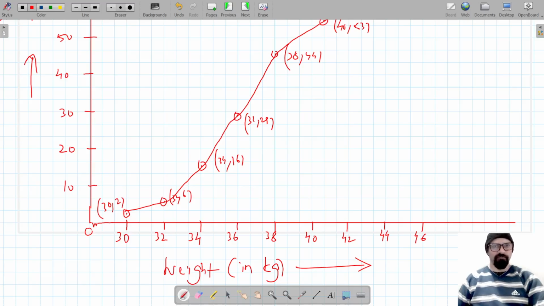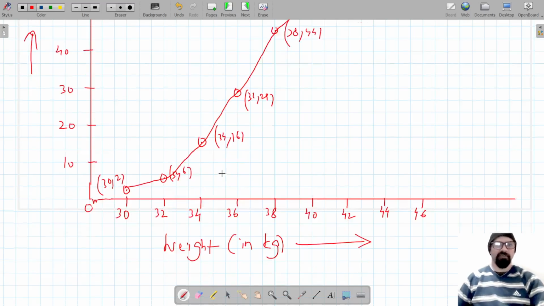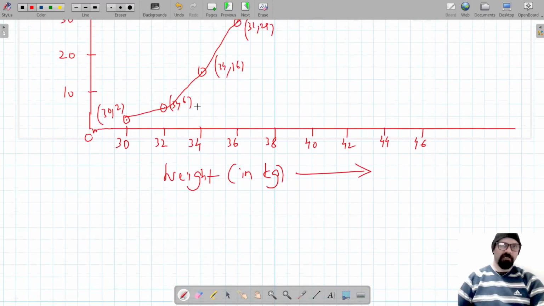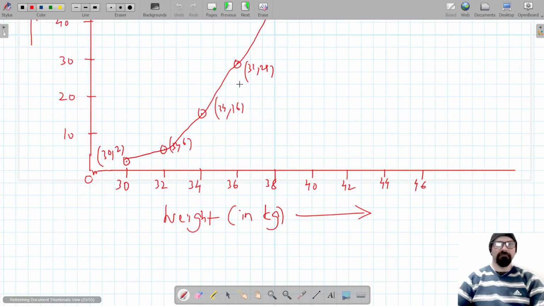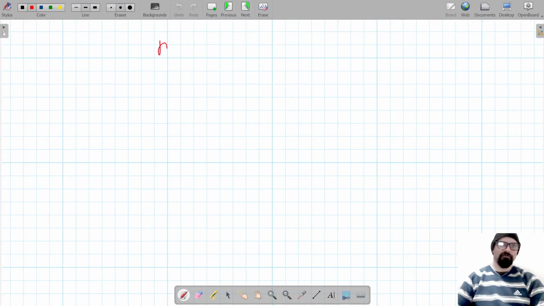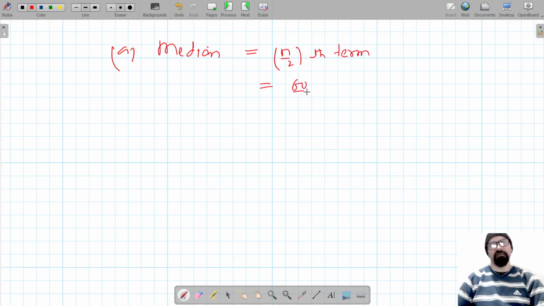Okay, now using the graph, we have to find the median. So first will be the median from the graph, and median is the n by 2th term. N is 60, the total, so this is the 30th term. And how do we find the 30th term from the graph?